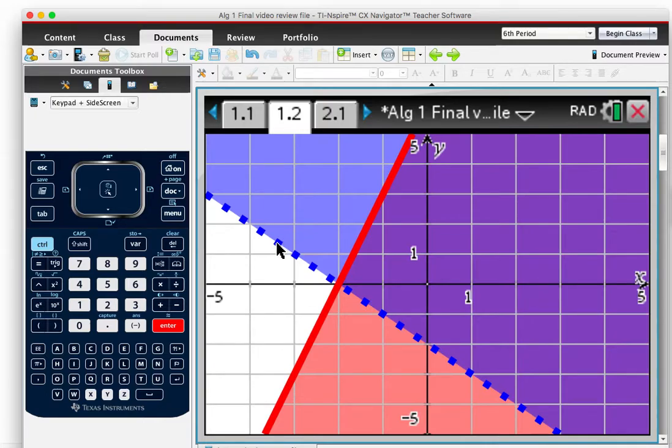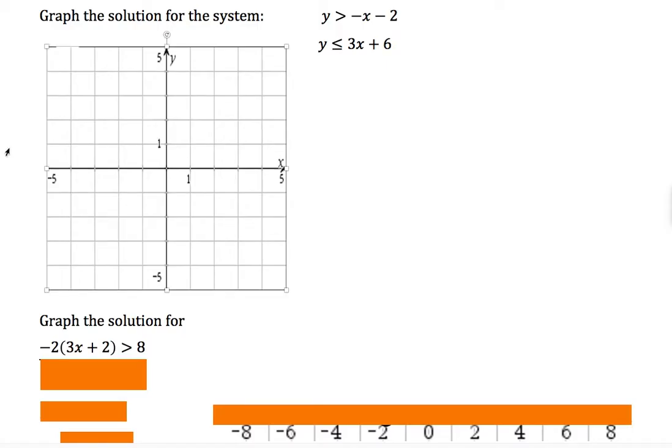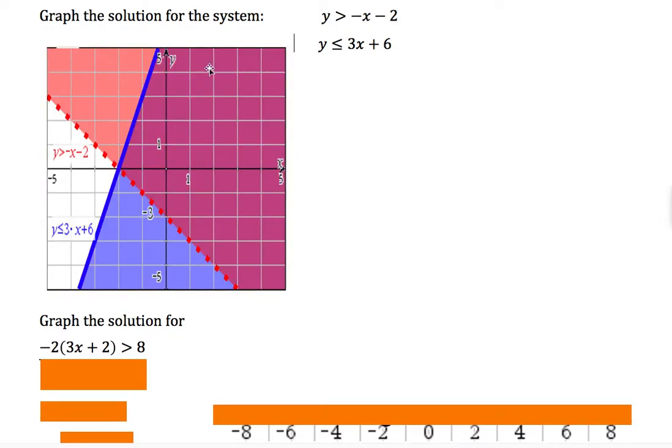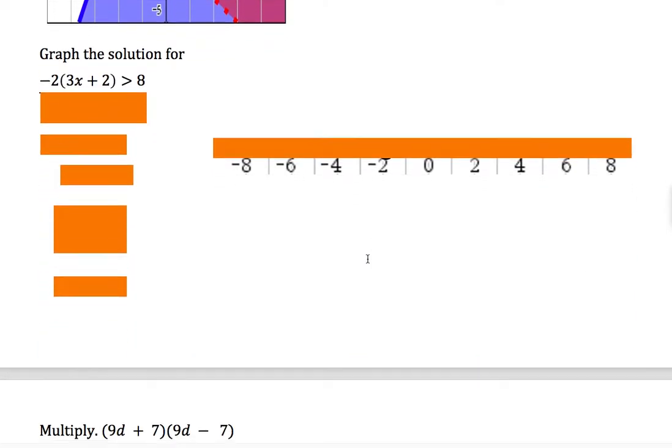You just need to hover over those lines with your mouse pad and kind of point at them, and it will show whether it's dotted or solid lines. All right, so this is what we got on our calculator. All right, so let's go ahead and move on to the next one.